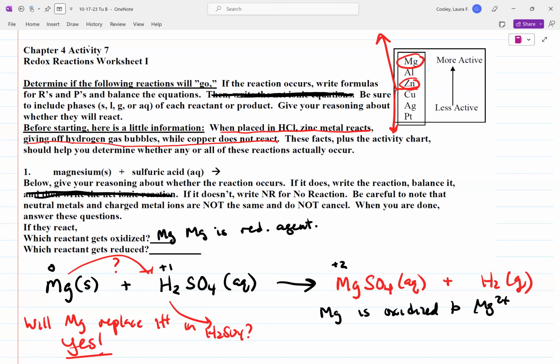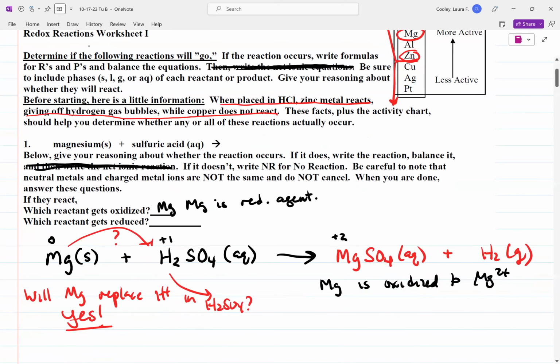Okay, so I know that there's 2 of them, and you might think I'd put a +2, but no, we analyze what happens to one atom. It goes from +1 here to 0 here. So H+ in H2SO4 is reduced to H2.